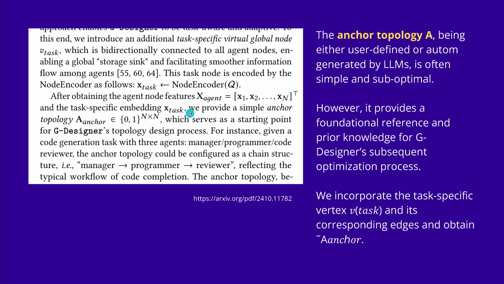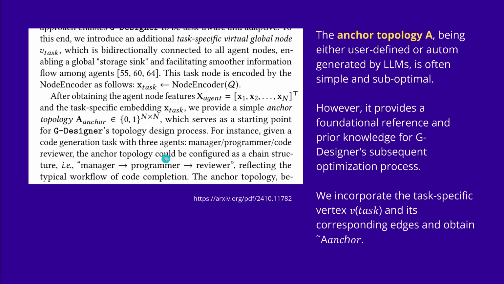We have to start somehow, so we have to have a start configuration of the system. And the authors say we provide a simple anchor topology, A, which serves as a starting point for our G-Designer, our MACP designer topology design process. Say, for instance, give me a code generation task with 3 agents: the manager, the programmer, and the code reviewer.